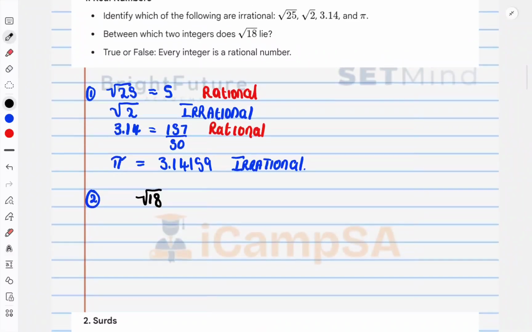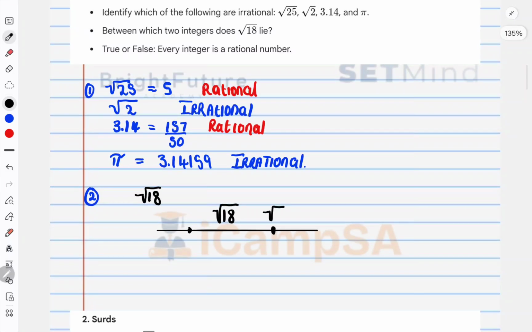Going up on a number line, we want a perfect square greater than the root of 18, so we have root of 19, 20, 21, 22, 23, 24, 25, and the root of 25 is a perfect square.